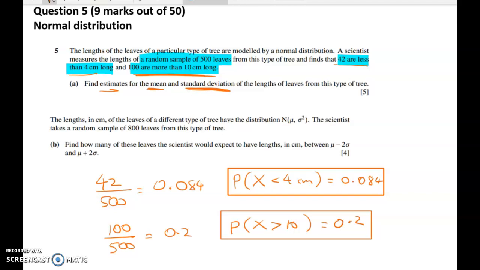First thing that we're going to do is to draw a picture, and you can see that this is 5 marks, so there is quite a bit of work in here. This also comes up in the level 2 probability paper, and if you're lucky enough to get this, it is sometimes an excellence question. So if we draw a picture here, draw a normal distribution picture, like this. This is X, this is the leaf length.